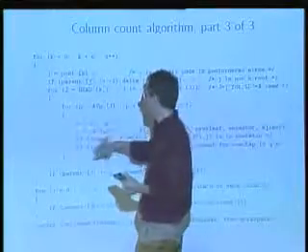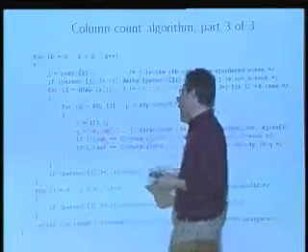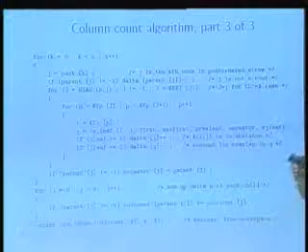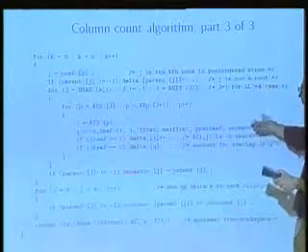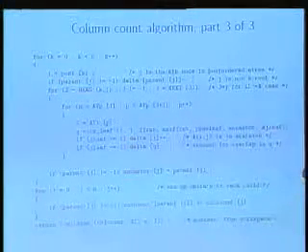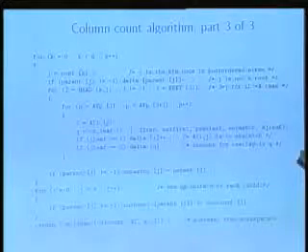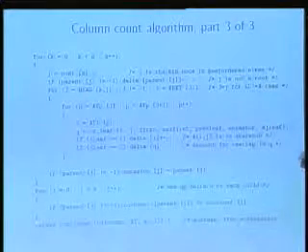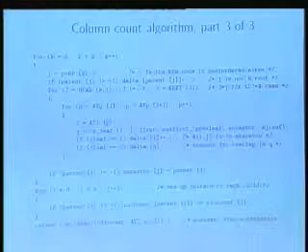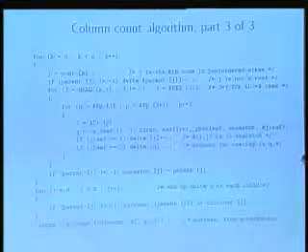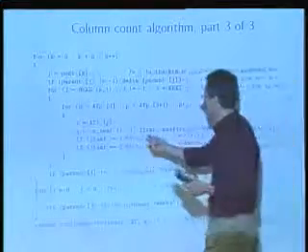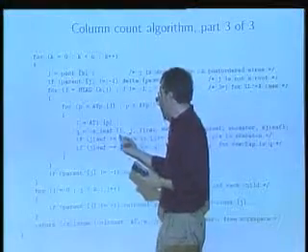So I grab out the row index, and then I do the leaf computation. And we've seen this function before. It's going to answer my question: is J a leaf of the ith row subtree?